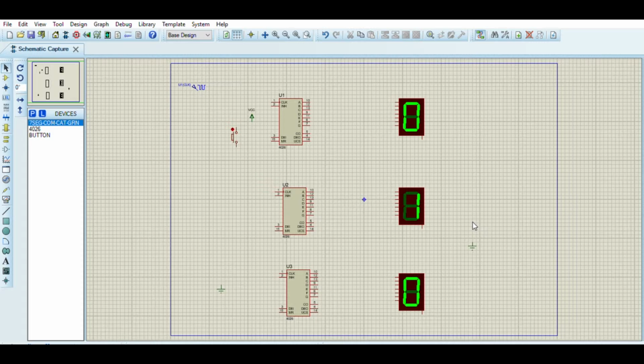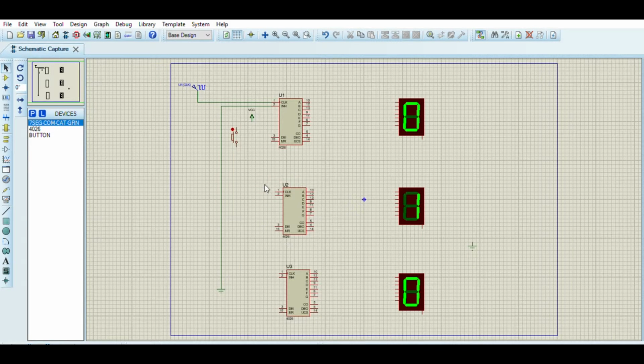So we know about the components. Let's now start to construct the circuit. Starting here, the clock will be connected with pin number 1, which indicates the clock, and pin number 2 will be connected with the ground right here.